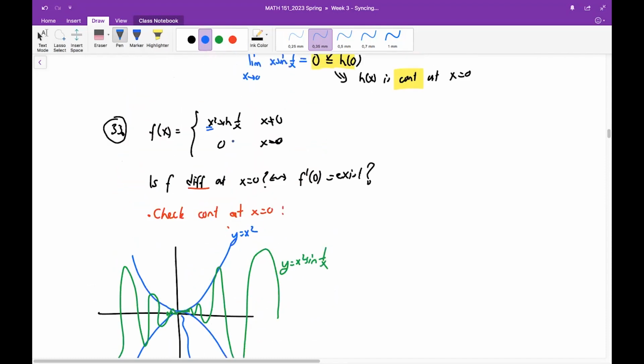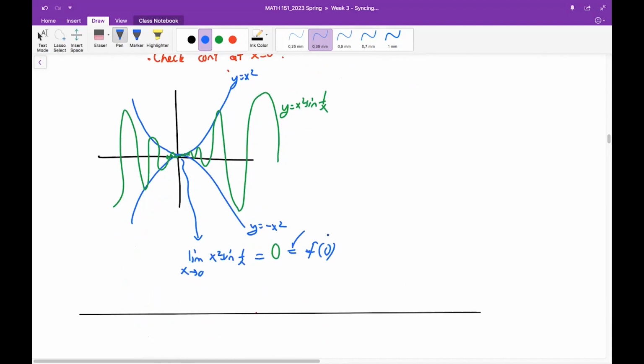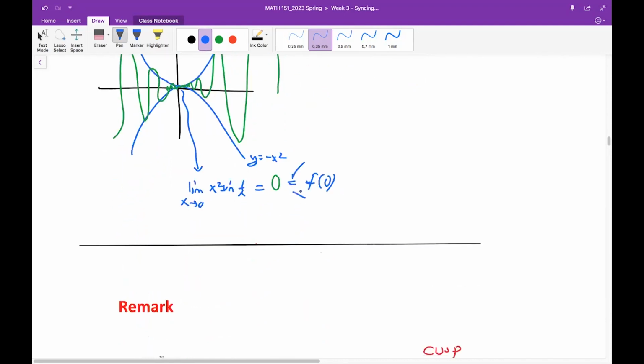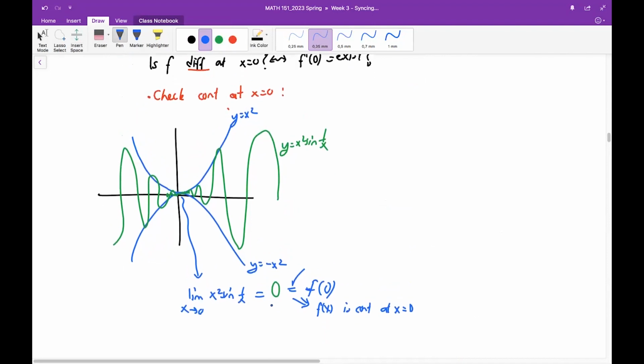It is also defined as 0, you see? Since the limit and the value of the function are the same, you can conclude that f of x is continuous at x equals 0. Okay, continuity is checked. If it is continuous, now you can continue with checking differentiability.